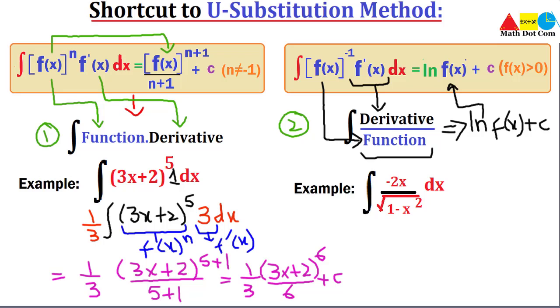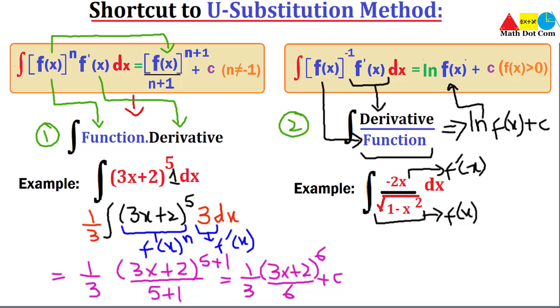Now similarly, let's see how you can apply it to example number 2, where you have a derivative in the numerator and the actual function in the denominator. Here we have a derivative in the numerator and the function in the denominator. But one thing that is very important to note is that we cannot apply this shortcut here.